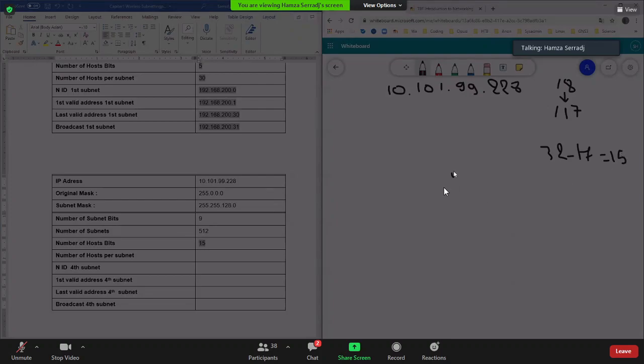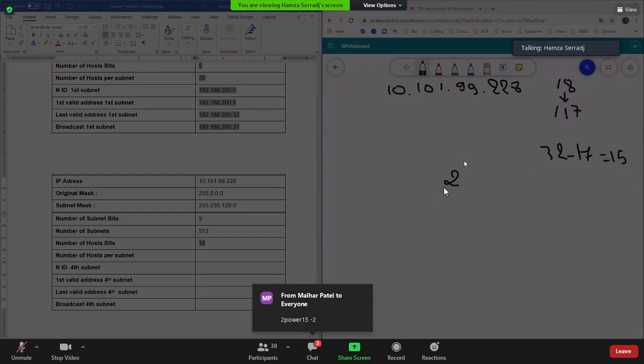Of course, the formula now for the host bits, or how many valid host addresses: 2 power 15 minus 2. Good.